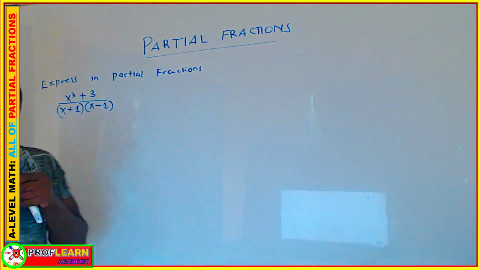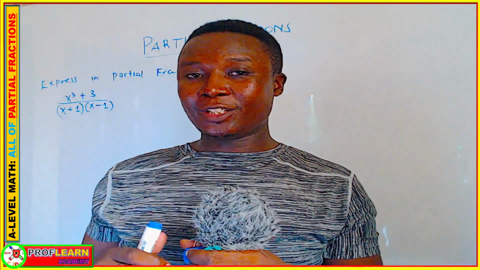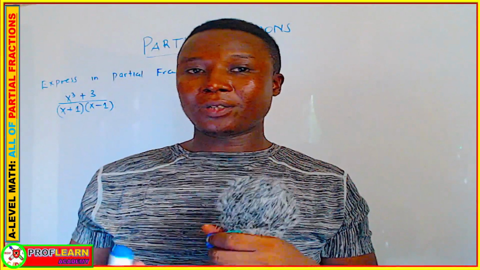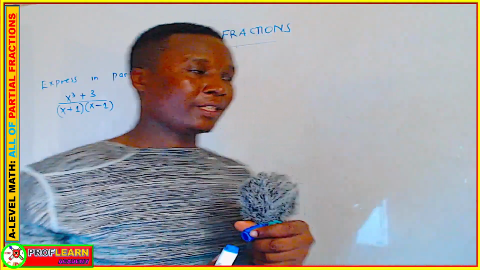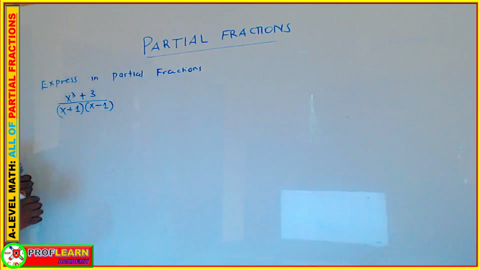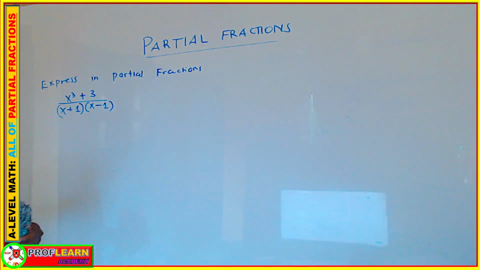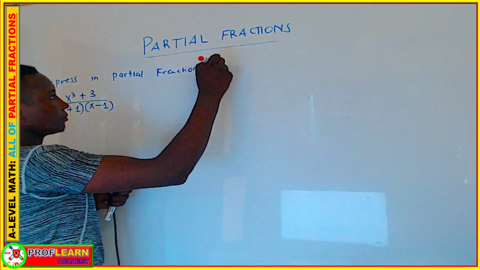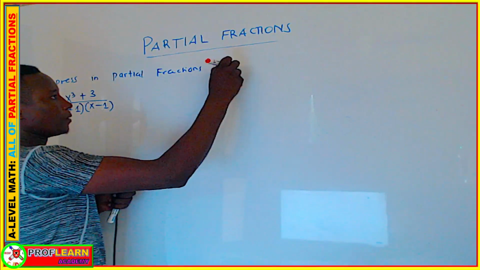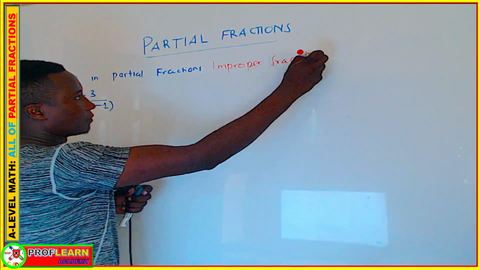So if you look at this question clearly, the power at the denominator and the power at the numerator are different. So we have a higher power at the numerator here. So meaning we have first to make that a proper fraction. This is an improper fraction.